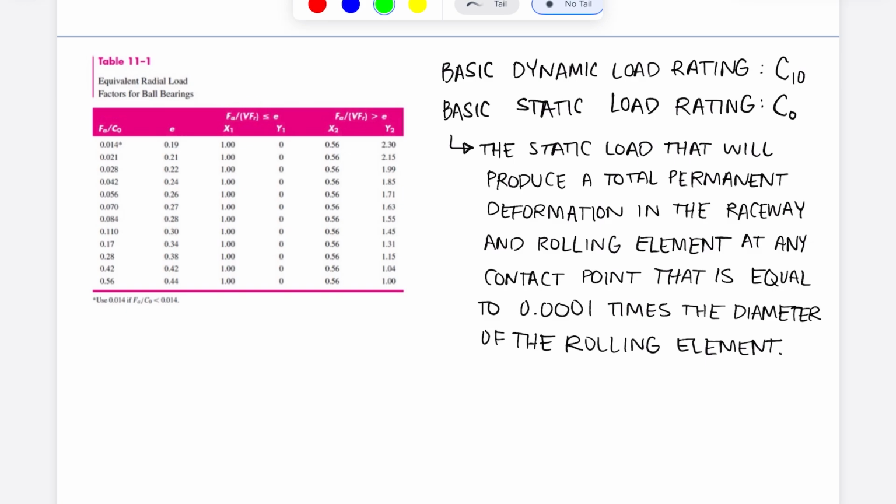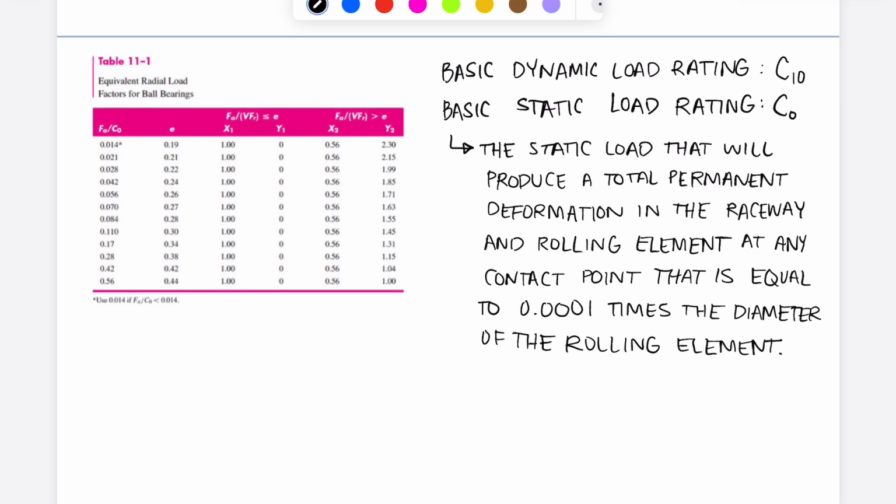And then we can use this chart, either this column or this column of data, to calculate our equivalent radial load. With that, we can use the equations we developed in our previous video on bearing life to calculate our predicted life of the bearing. And in our next video, we will do an example walking through how you do that.